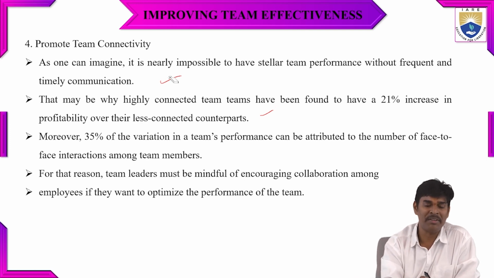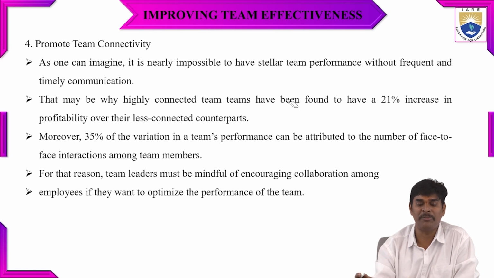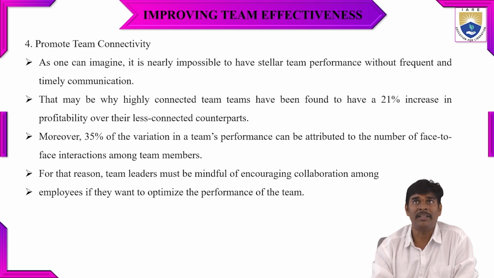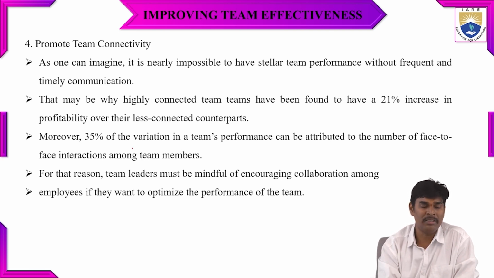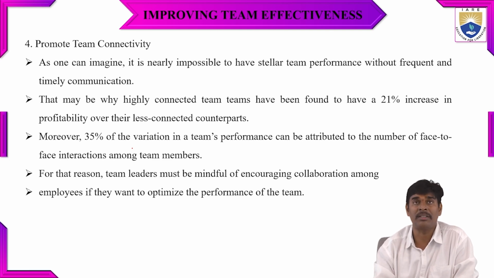When the team has good communication between one person and another, it will easily gain profit, around 21% increase. Moreover, 35% of the variation in team performance can be attributed to this. That's why team connectivity and good understanding between teams or team members make it very easy to increase profit as well as the variations in team performance.